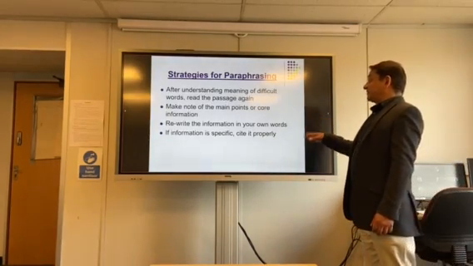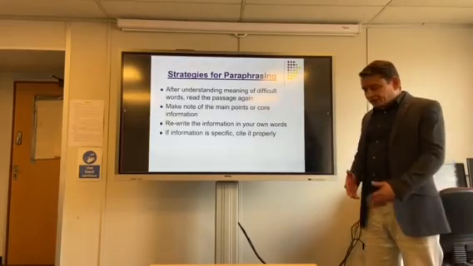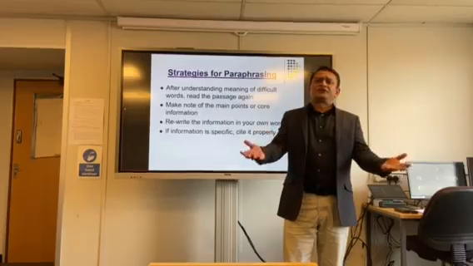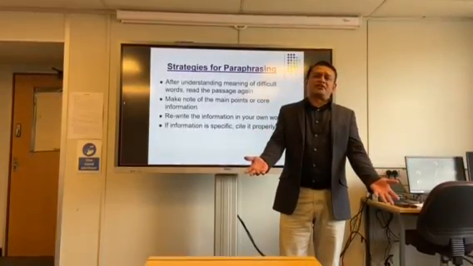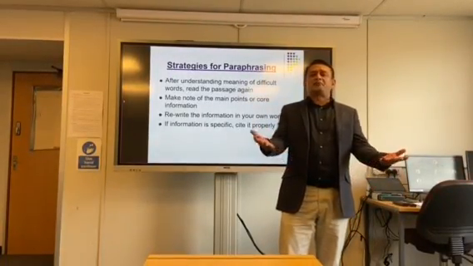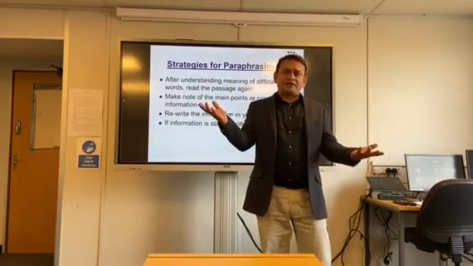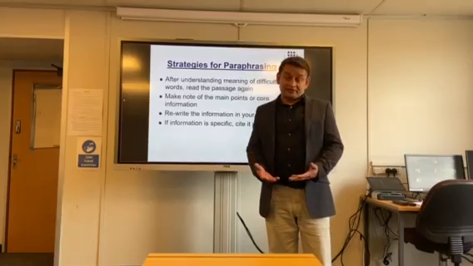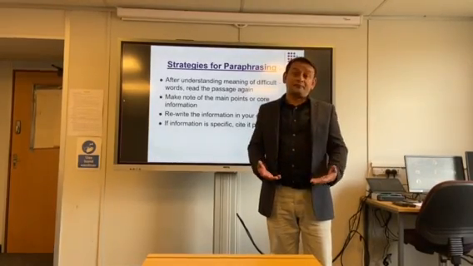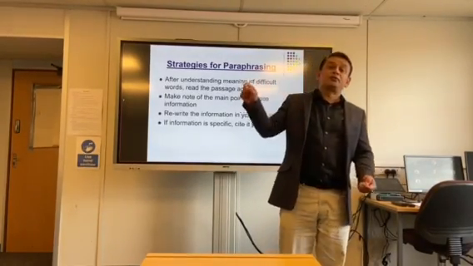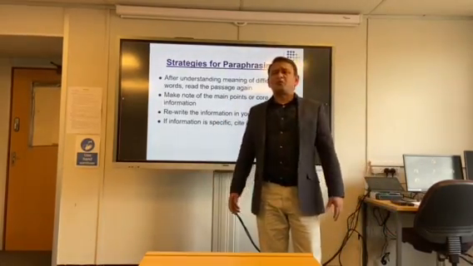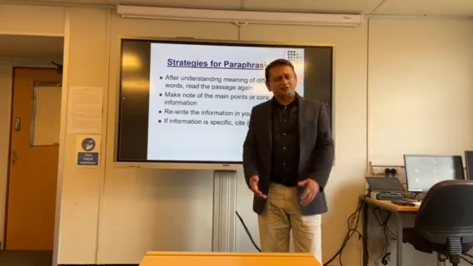If information is specific, cite it properly. So when we say the information is specific, it means, for example, you say the minimum wage rate in the UK per hour is 9.80 pounds, for example. So who has given you this information? This is specific information, so you have to bring the source. But if you say common knowledge, like morning walk is good for health, you don't have to give a reference.